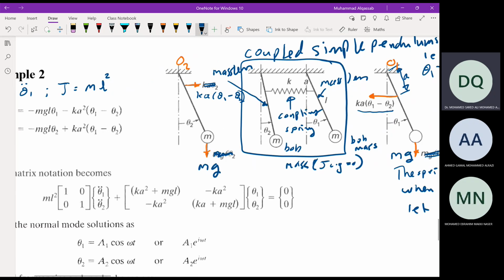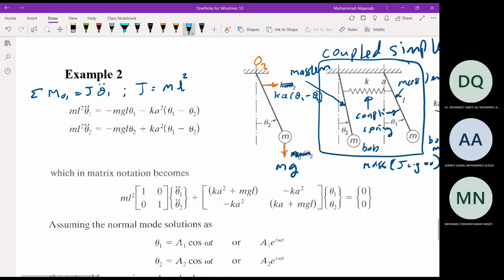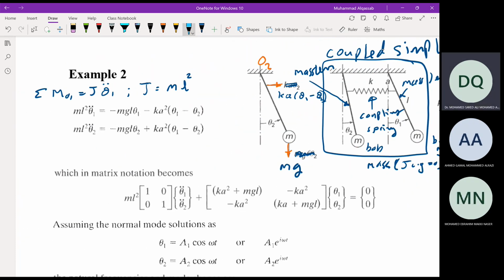So the force is mg, and you need the perpendicular distance. Okay, the perpendicular distance is L sine theta 1, and sine theta 1 is theta 1. So this distance is L theta 1. This is the perpendicular distance. So mg times L theta 1, minus because it is clockwise, minus mg L theta 1.